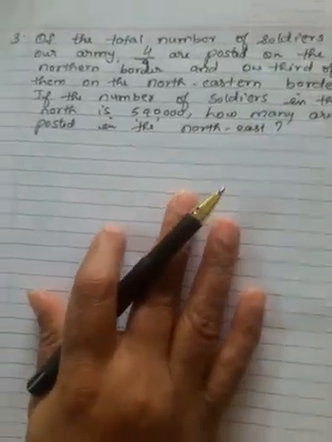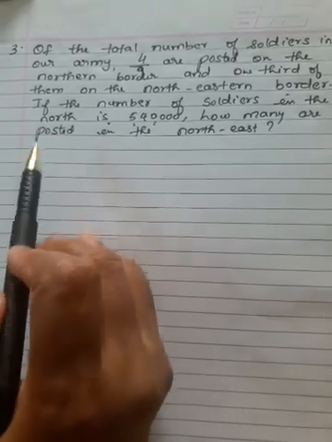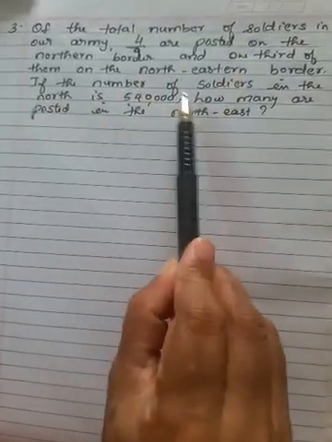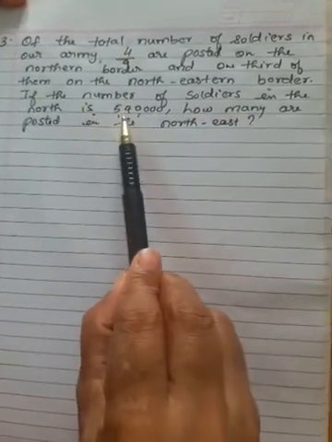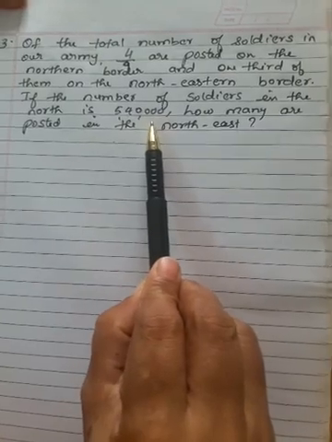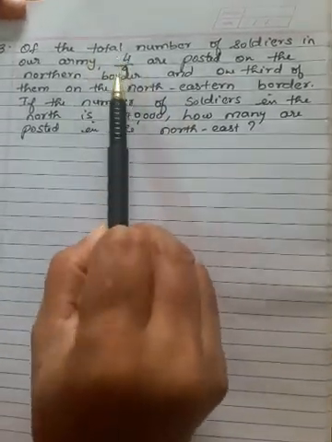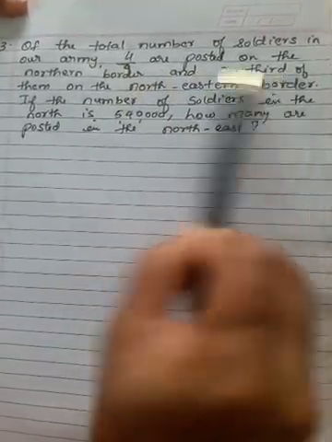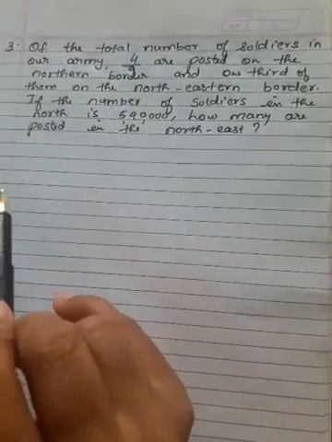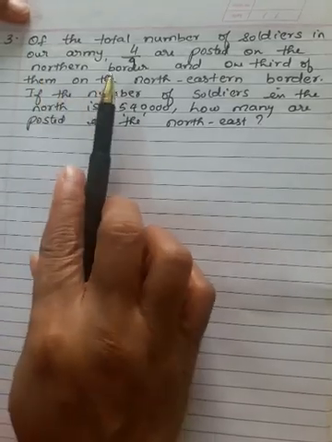Students, read the question carefully and try to understand the question first. In the question, what is given? The total number of soldiers in the north is given, 5,40,000, correct? So out of 5,40,000, 4/9 are posted on the northern border. They have not mentioned how many soldiers are posted on the northern border.